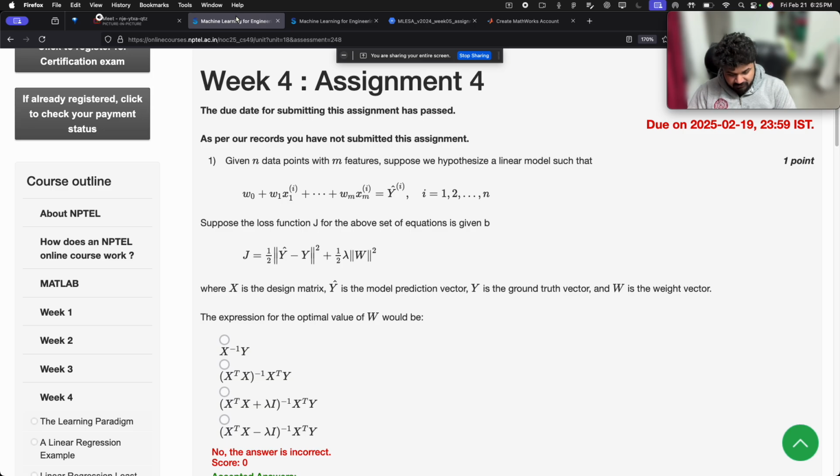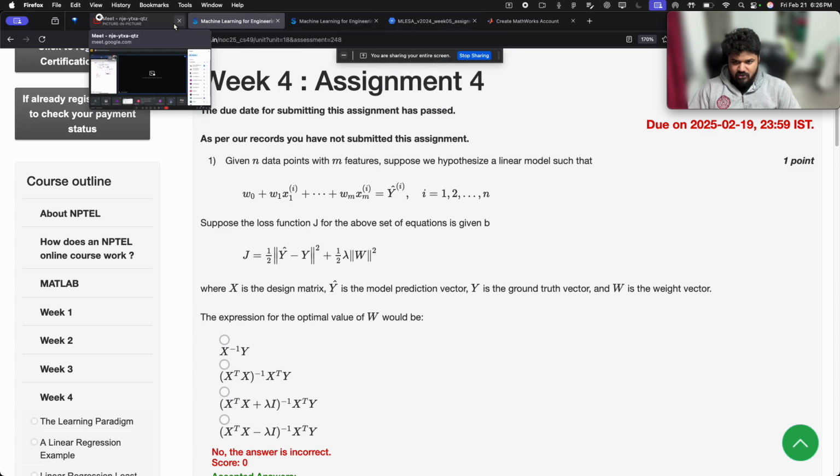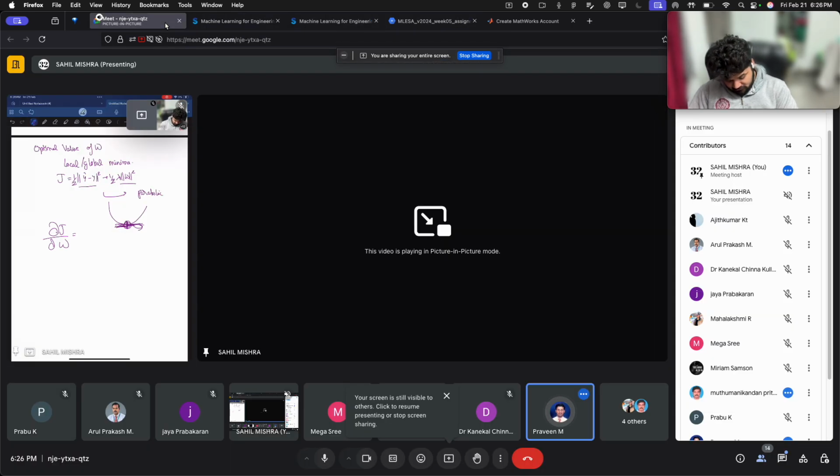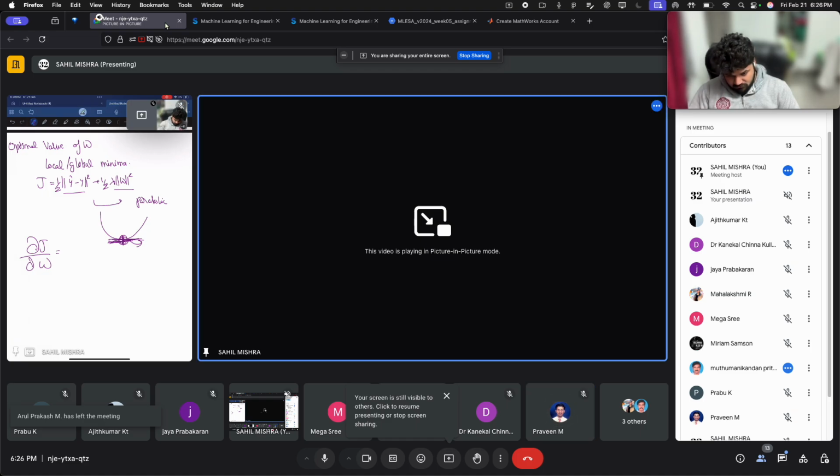But how do we compute this optimal value of W? We take the derivative, so we take dou J by dou W. What will be dou J by dou W? Anyone? What is dou J by dou W? Okay, let me simplify it for you.